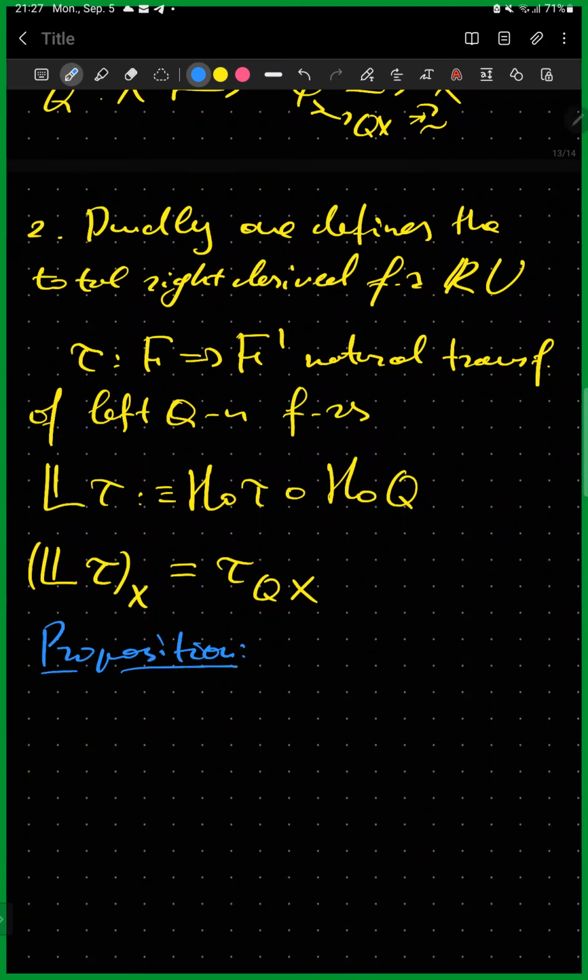For simplicity, one may think of categories of modules over some rings. Assume additionally that L preserves monomorphisms.